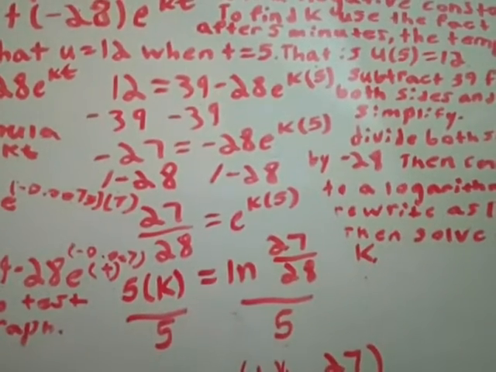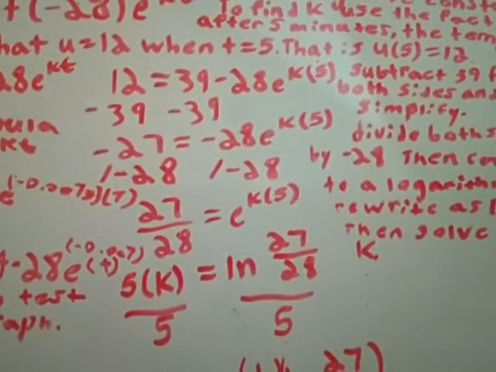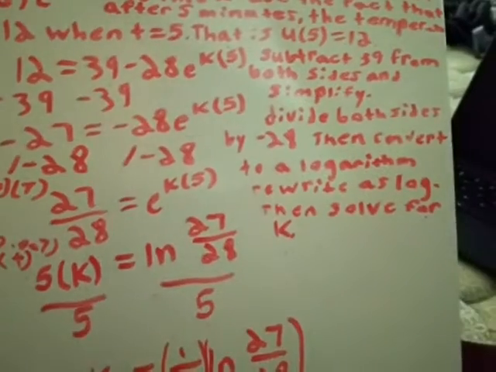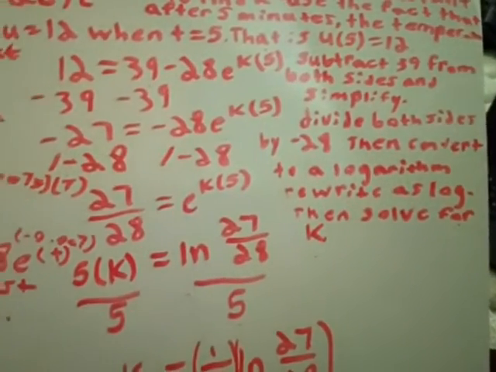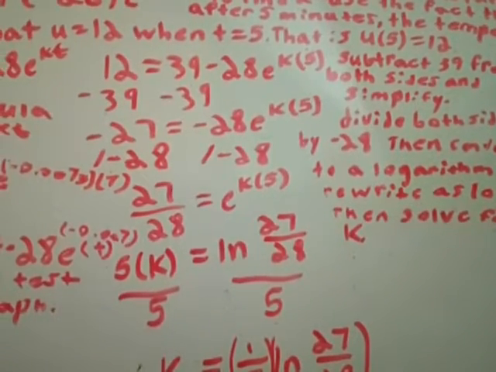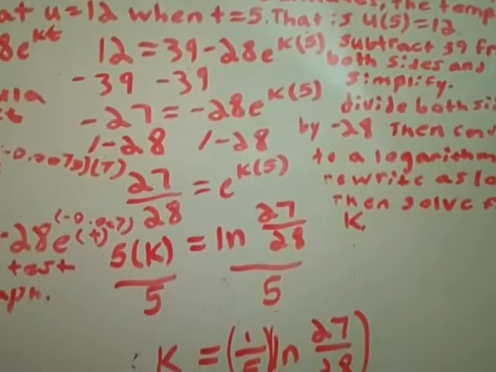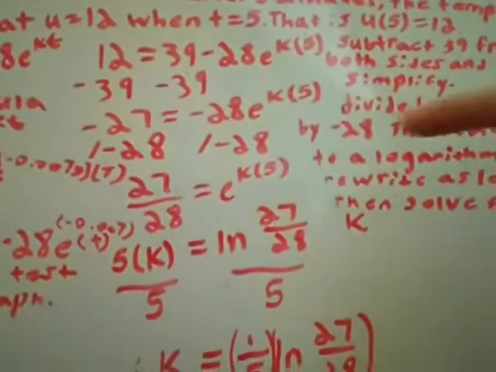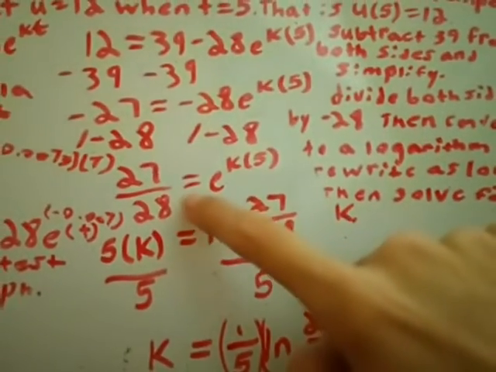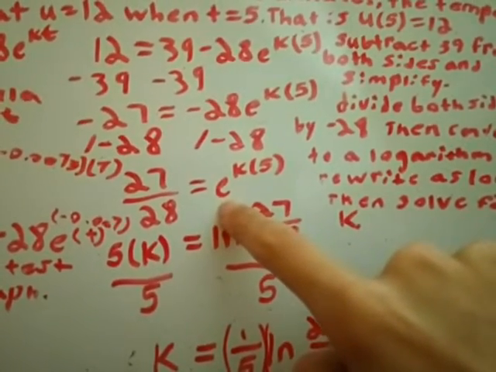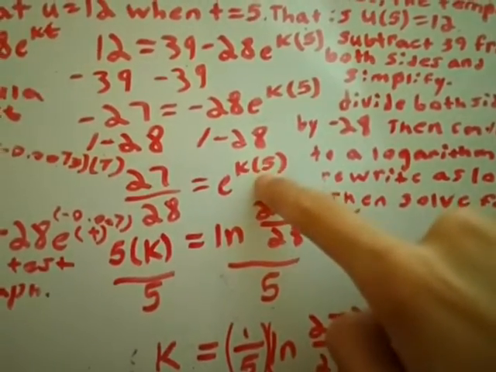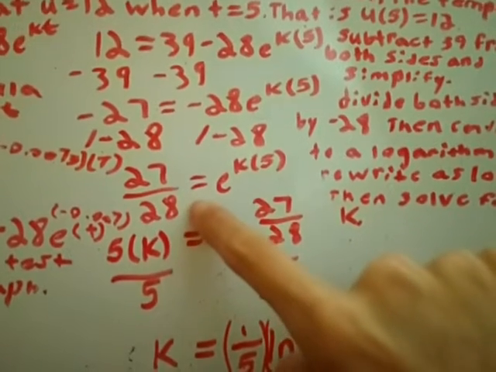Now I have an exponent, and I'm going to rewrite that as a logarithm. To do that, I just rearrange the values I already have. Here I'm raising e to this power to give me this value.